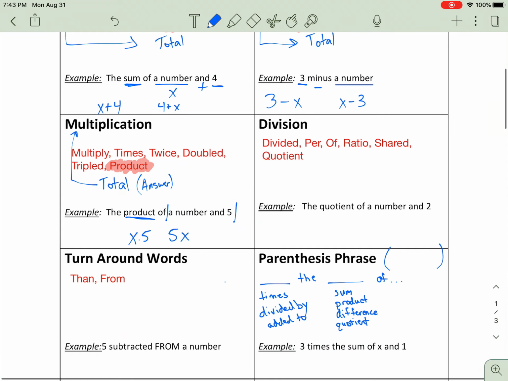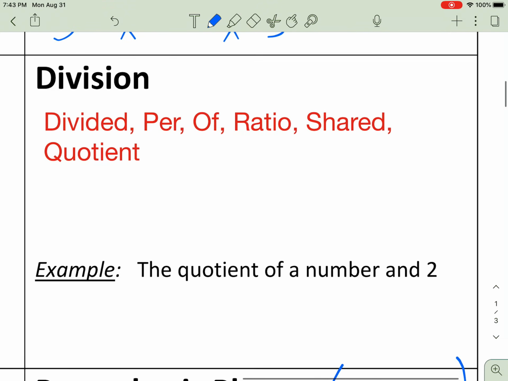Moving on. Division. There are some keywords here. You have divided. Sometimes you'll see per, like 3 slices per person, which tells you how many slices each person can have of pizza or pie or whatever it may be. You have the word of.